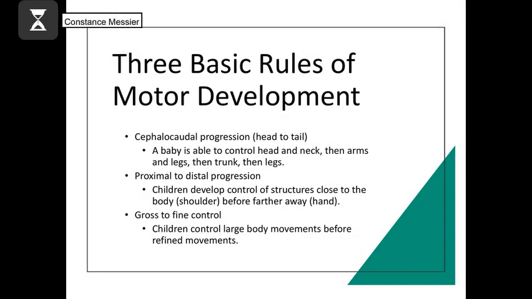Okay, only a couple more slides left. We are at 3 basic rules of motor development. 1, there's a cephalocaudal progression. That means from head to tail, that the baby learns to have control of head and neck muscles, and then their arms and hands, and then their trunk, and finally their legs.